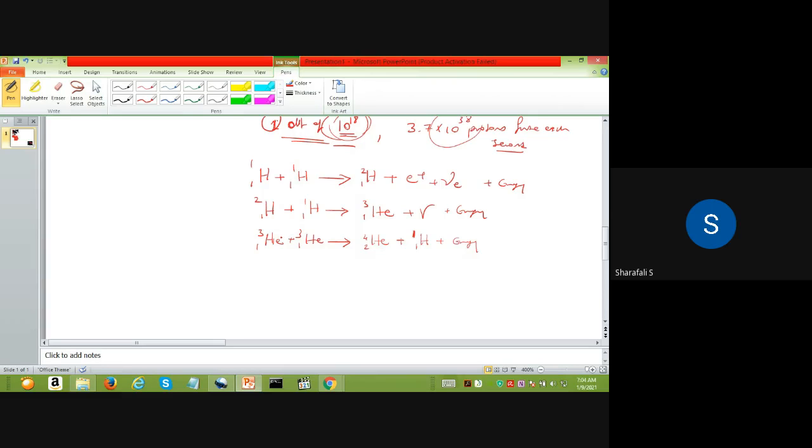What I mean is that the number of protons and the number of neutrons in each of these reactions should be the same before and after the reaction, or there should be some kind of decay process like beta decay. So in this case, how many are there? 1, 1, 1, 2. So this is okay. The reaction is valid.